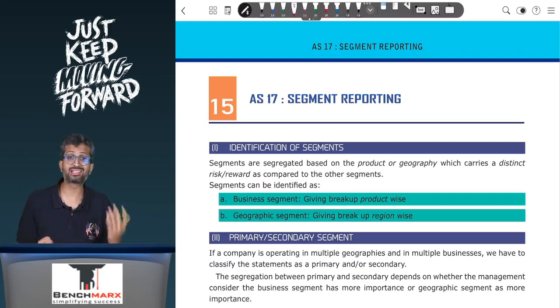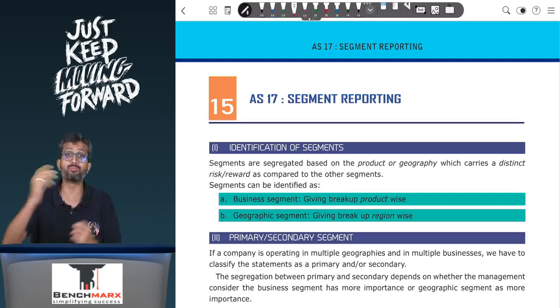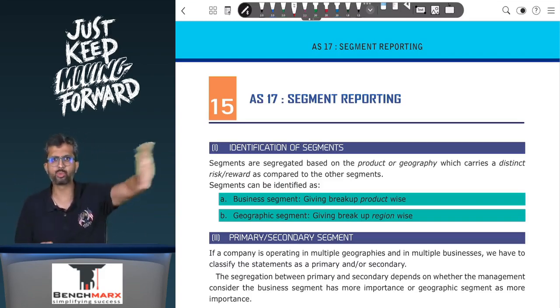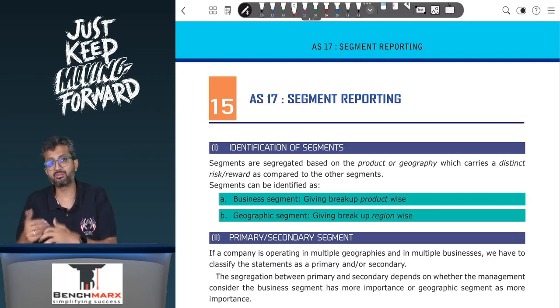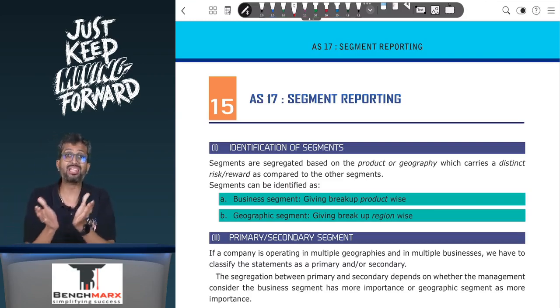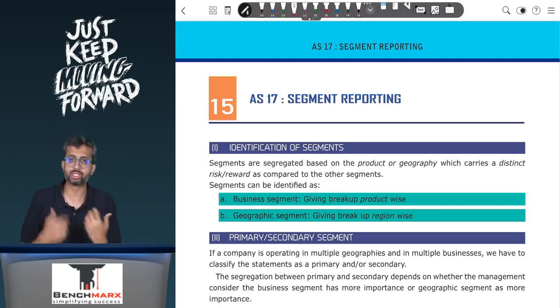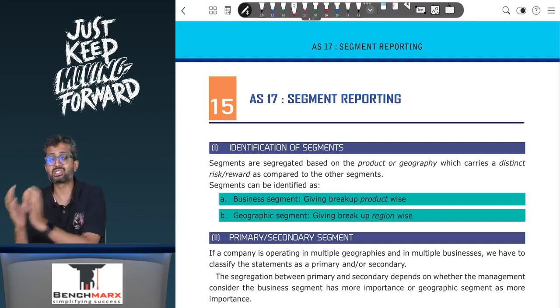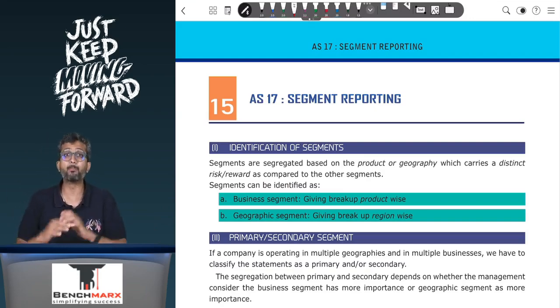Like, cars can easily get replaced if there are a lot of metros and public transport, as opposed to trucks. Whereas trucks have a distinct reward and risk. For example, if the country's capex cycle is strong and there's a lot of industrial production happening, I need a lot of trucks. So the risk and returns of these groups are quite different, and hence I can categorize them as two separate segments. Now, these are separate segments considering separate businesses.